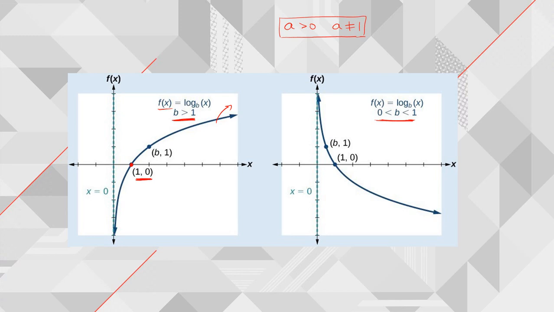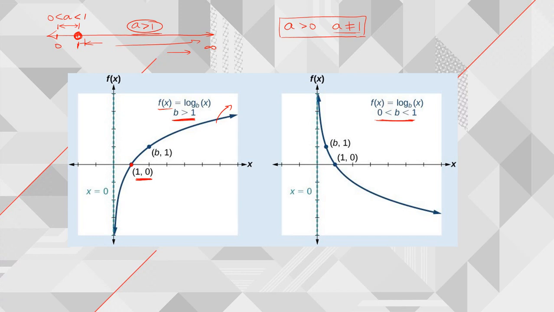When a is greater than 0 and a is not equal to 1, on the number line from 0 to positive infinity, since we are removing 1 from this real number line, we are going to have two parts. The first part is where a lies in between 0 and 1, and the other part is where a is greater than 1.